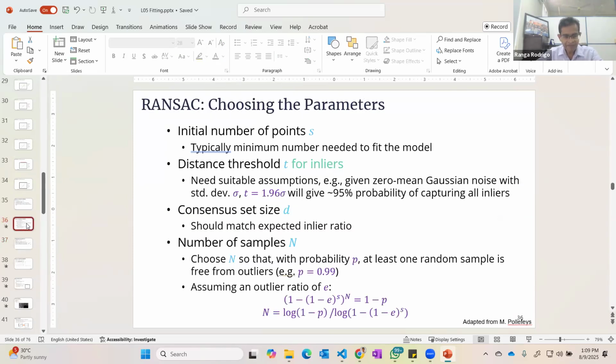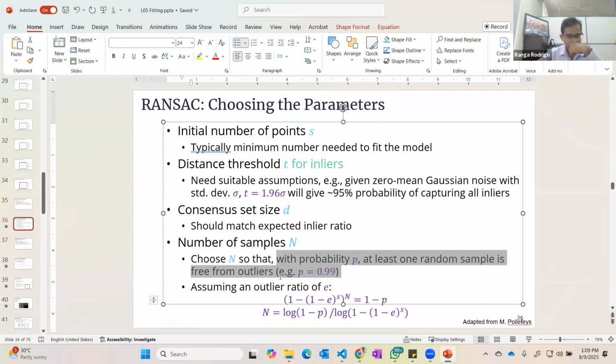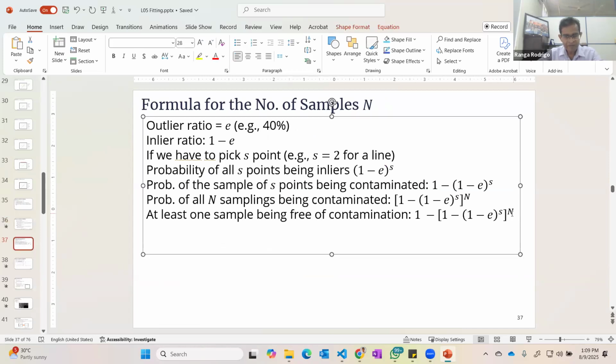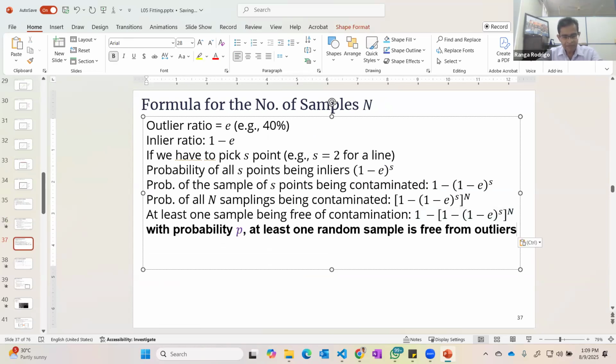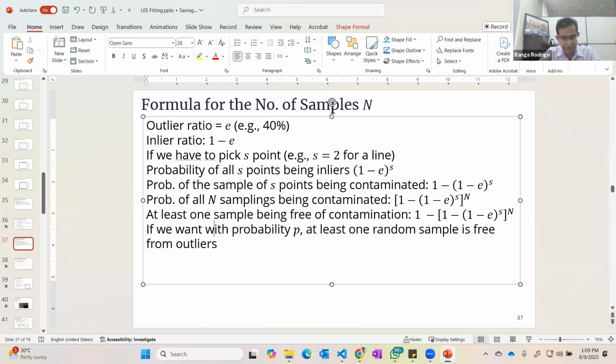So if we want, with probability p, at least one sample to be free from outliers, we have the equation now.